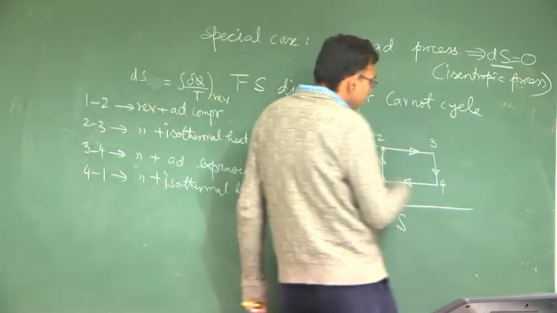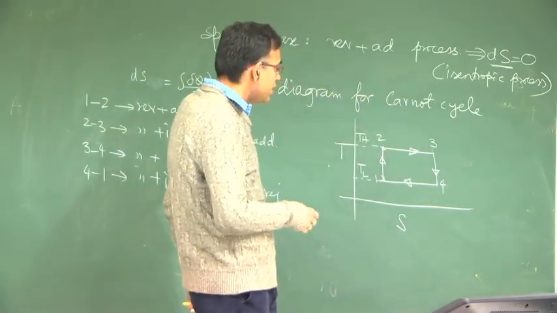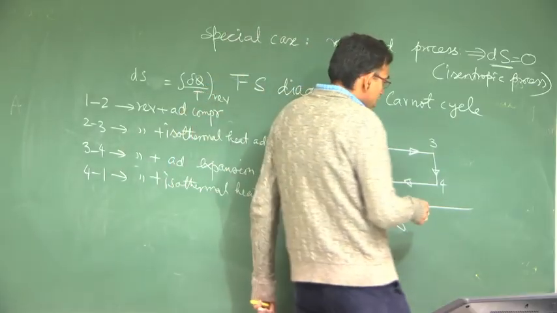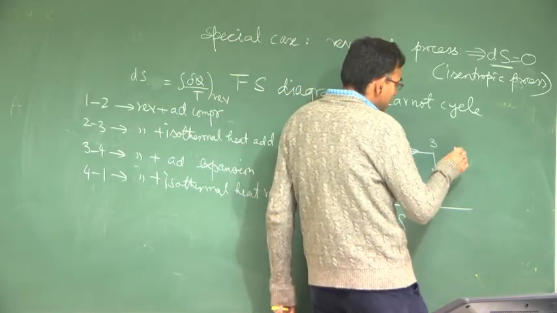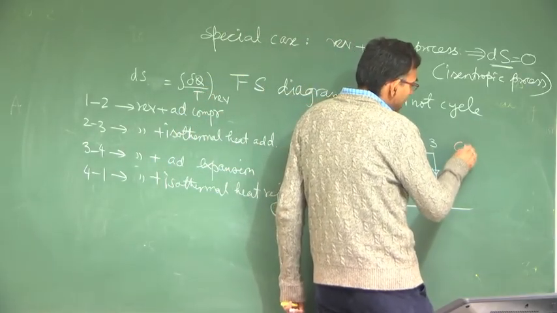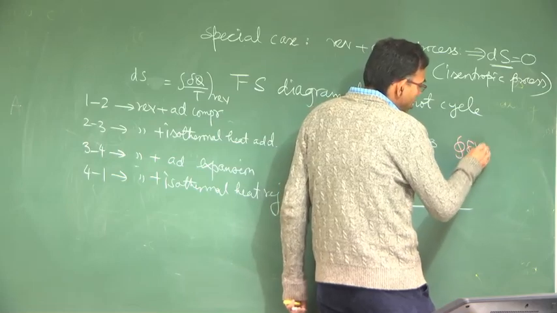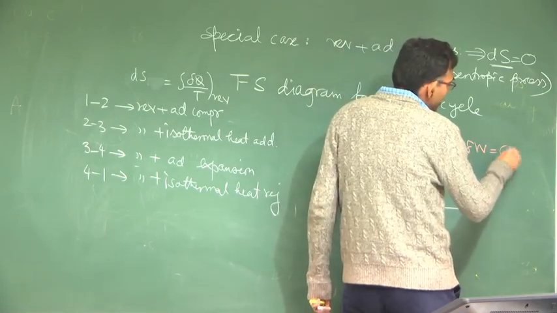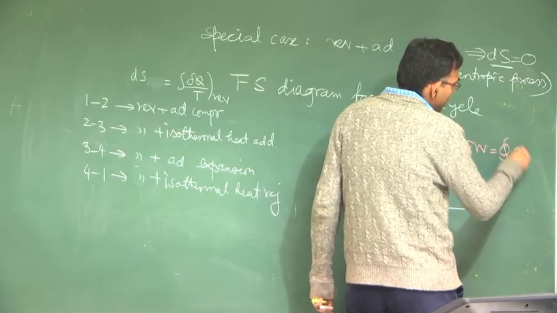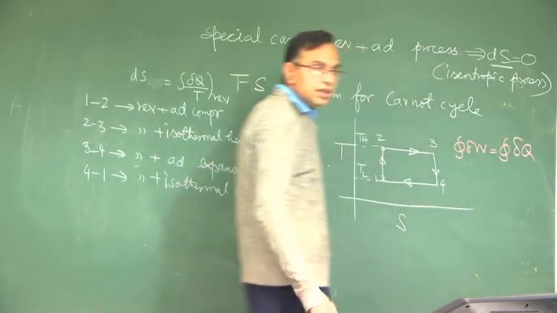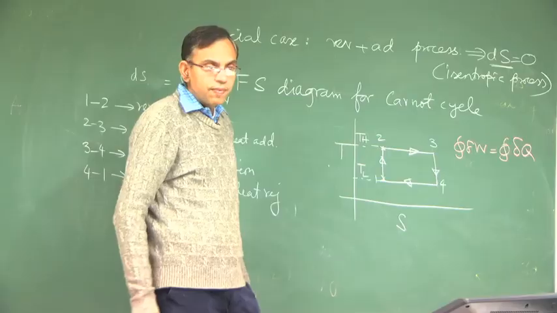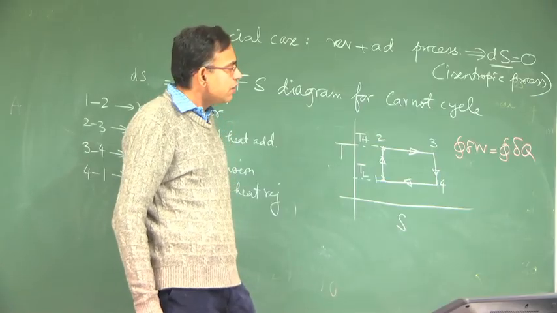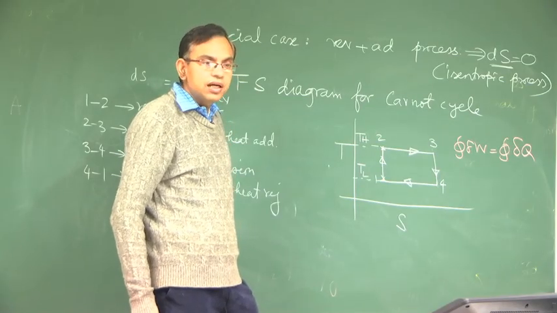Now, how do you find out the efficiency of this cycle? First of all, there is a very interesting thing. What is the net work output of this cycle? The net work output is the same as the net heat transfer. Cyclic integral of heat equals cyclic integral of work.